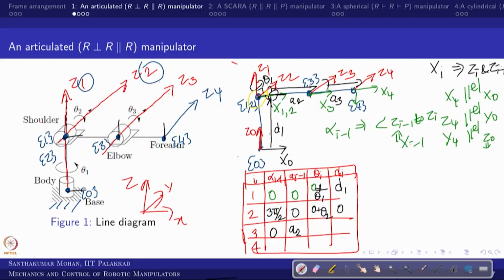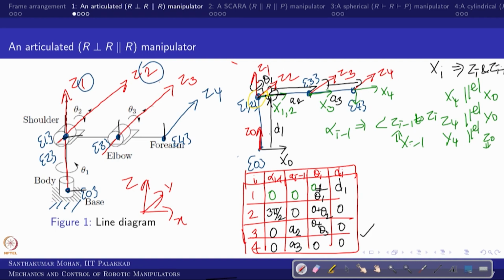This is again an active joint, so 0 plus theta 3, and there is no distance along z3, right. Now z3 and z4 are parallel, so there is no angle. Along x3 there is a distance, that is a3, right. There is no active joint, so it is 0 degrees, and there is no distance, it is 0, right.